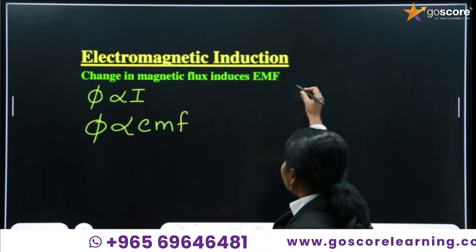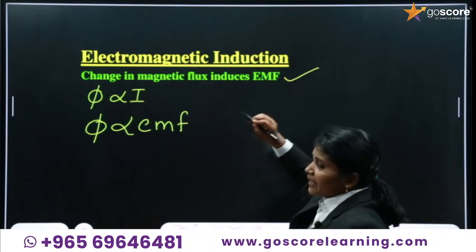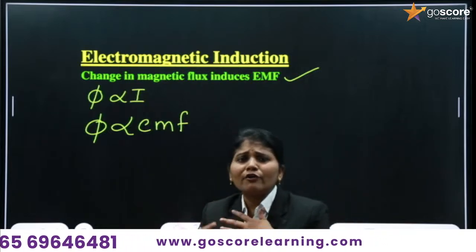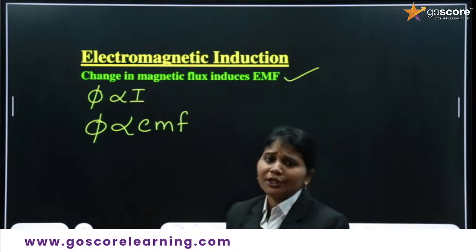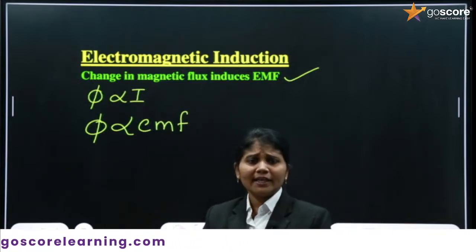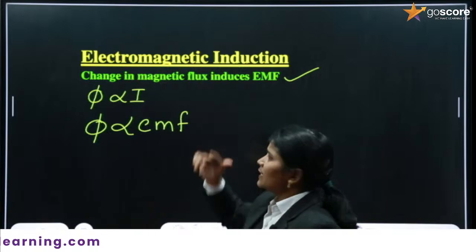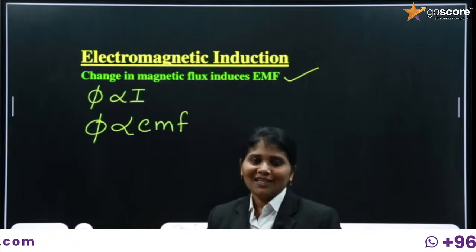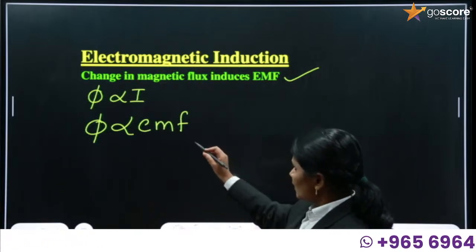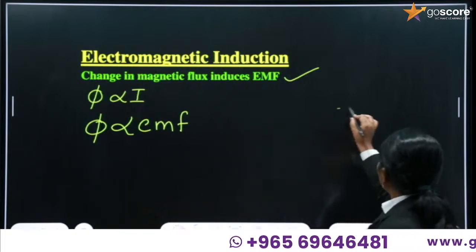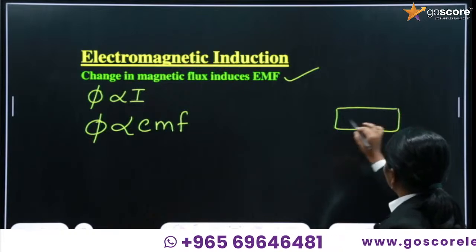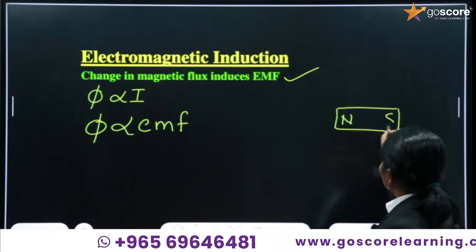So Faraday and Henry did a lot of experiments, then finally concluded that change in magnetic flux induces the EMF. So here we are taking one magnet, with North Pole and South Pole.